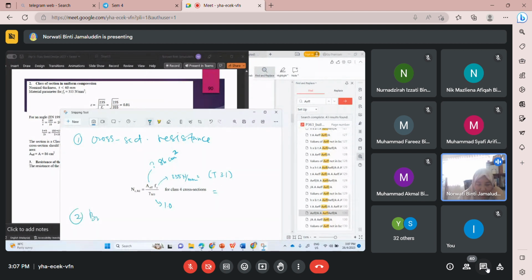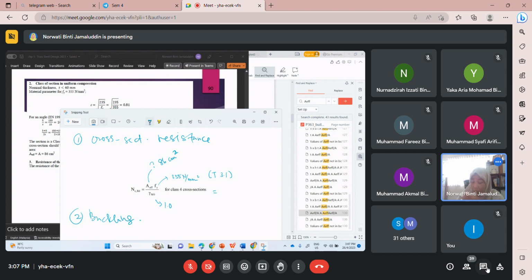Second, buckling. Why do we need to evaluate these two resistances? Because in our case, we rarely deal with short elements. You will frequently encounter elements that could be of intermediate length, or slender.